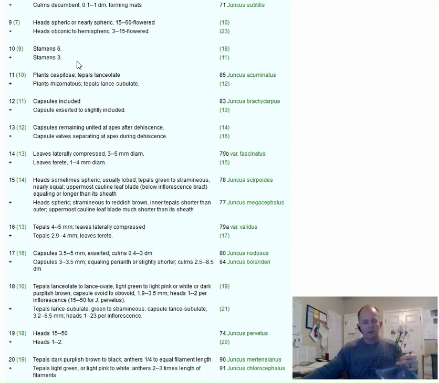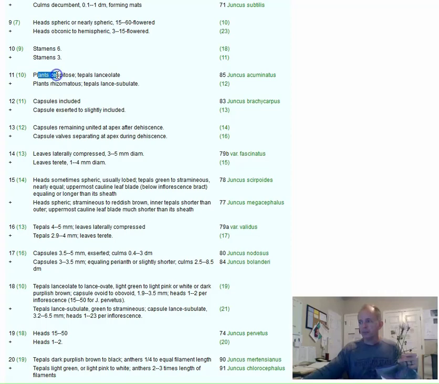If you catch it when you have the stamens, you may not have the seeds. Catch it when the seeds, you may not have the stamens. So sometimes you have to take multiple routes and figure out which one it's not. In this case, it apparently has 3 stamens because none of these, when you go to number 18, worked at all for this species. So we come to 11.